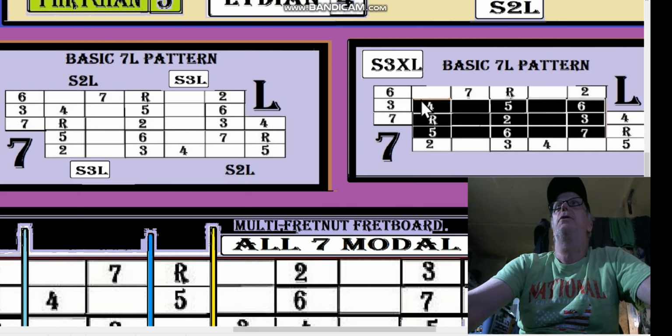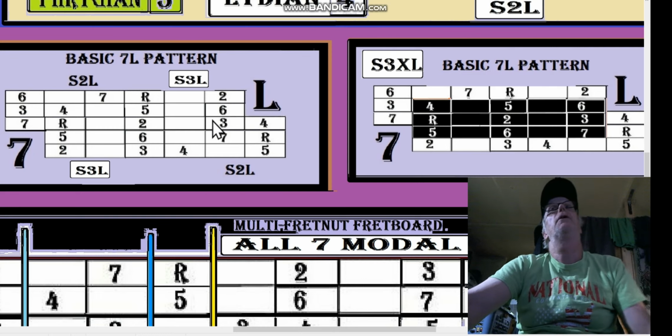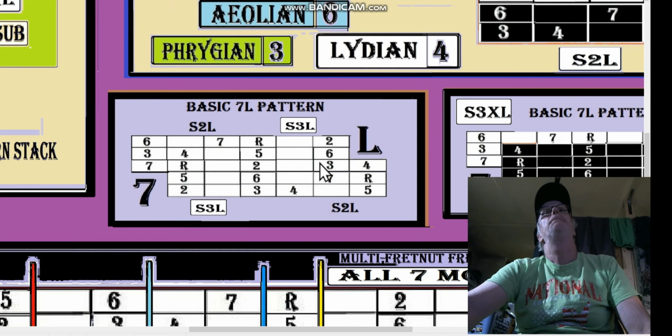Guess what? This big square looking pattern right here is exactly what it is. It's 3 major scales. It's the starting point for 3 major scales: the 5th, the root, and the 4th. And as you know from modal theory, the 5th, the root, and the 4th are the major scales.